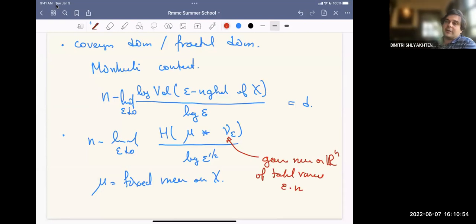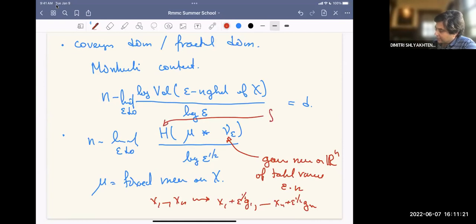And then when you convolve it, you can think of taking your coordinates x_1, ..., x_n, and replacing them by x_1 plus epsilon^(1/2) g_1, ..., x_n plus epsilon^(1/2) g_n, where g_1, ..., g_n are Gaussians. And so these are somehow new random variables that you construct. And what is this entropy H? H is just the differential entropy, integral of rho log rho d volume on R^n, where rho is the density of mu convolved with mu_epsilon.